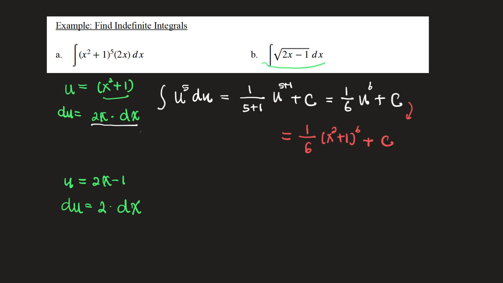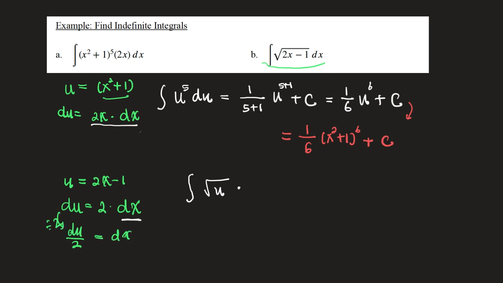Now you're going to substitute. The integral of the square root of u times, this time very tricky, dx only. So you're going to move to the other side by dividing by 2. You see here du over 2 equals dx.